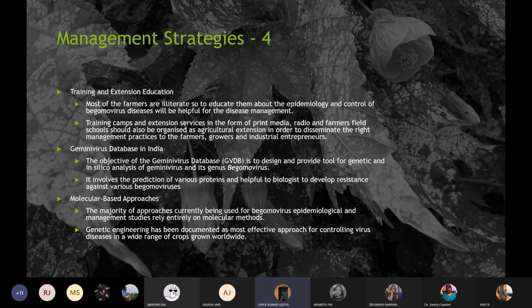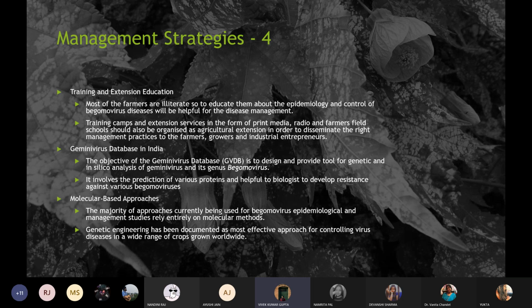Researchers constantly receive information through their participation in workshops and other scientific activities. So farmers should be trained by being given tips on agro techniques, and they should also promote interactions among farmers. They should have orientation programs on epidemiology, and training camps and extension services in the form of print media, radio, and farmers field schools should also be organized as agriculture extension.